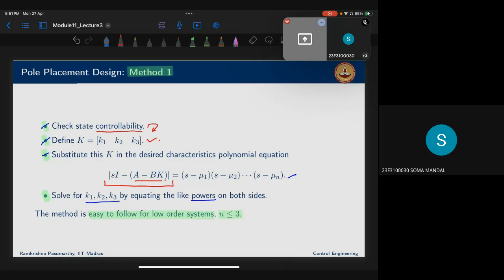Then you have your desired poles, mu1, mu2, up to mun. Then find this polynomial. Then compare both sides, compare powers, and solve for K1, K2, K3. This we can easily find if the order is less than or equal to 3.